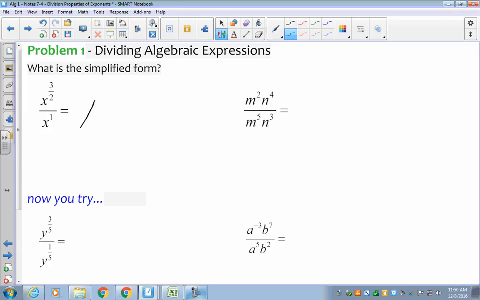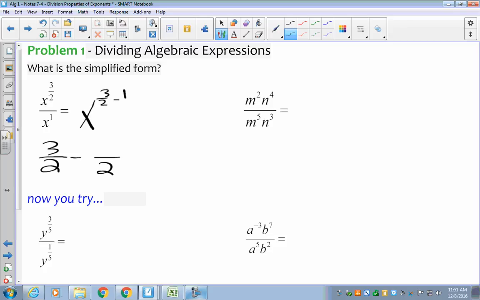So we're going to go x to the 3/2 minus 1. Only problem with that is that we can't subtract fractions unless they have the same denominator. So I need to make sure that 3/2 has the same denominator as 1.